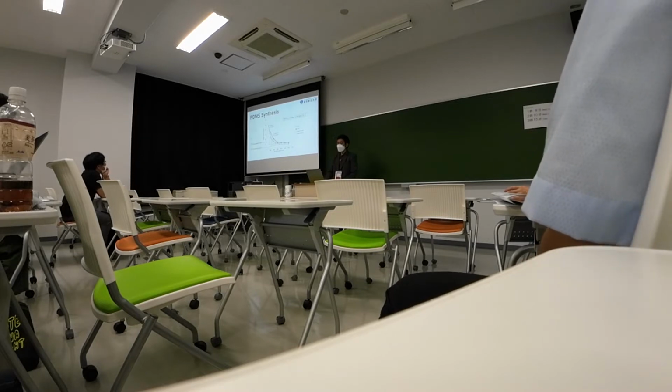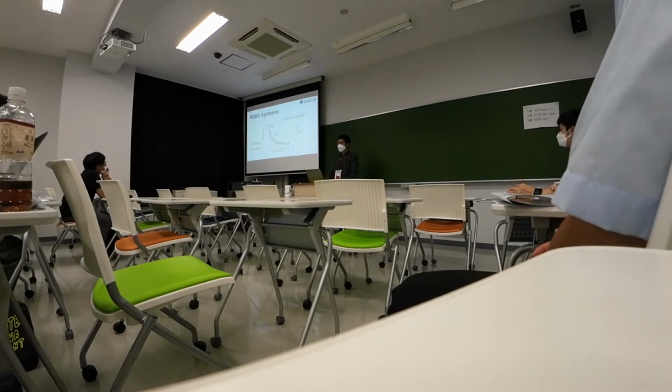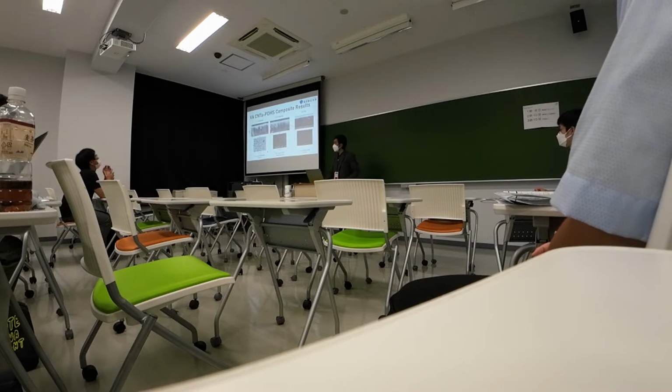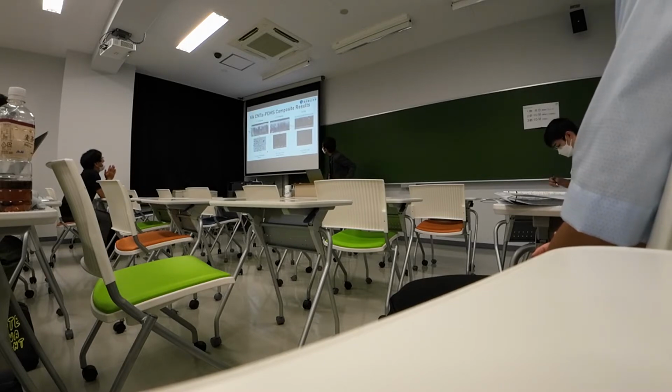And we choose the PDMS height according to the spin coating speed, 8.6 and 6 micrometers for the first and second composite respectively. Here I present the VACNT PDMS composite result.